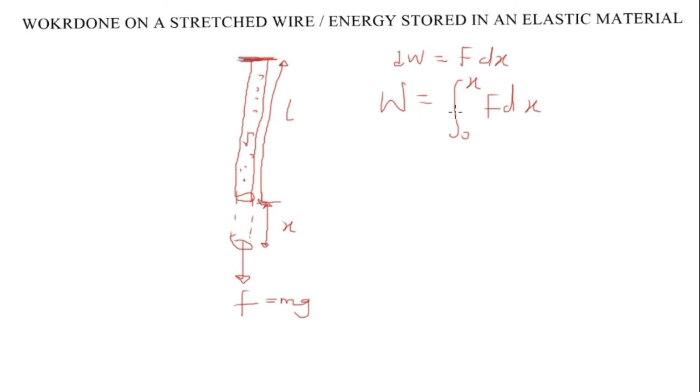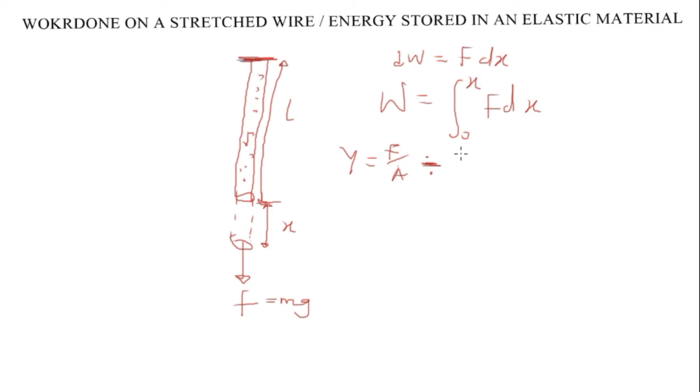Okay, but note that the formula for F, we can get it from the expression of the Young modulus. Given that the Young modulus is stress over strain, and stress is force over area, divided by the change in the length.